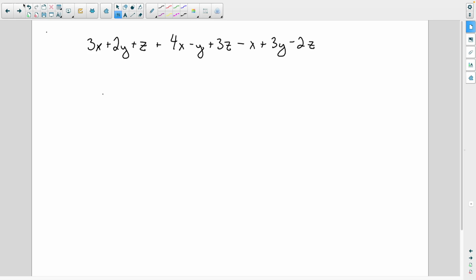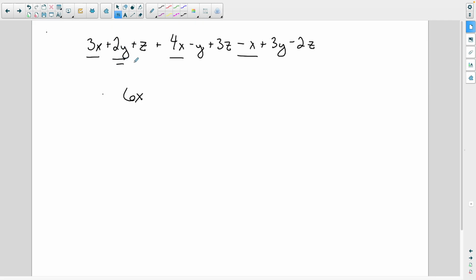All right, so here's a nice big one. When we have one like this, we typically, so let's say x. Everyone that has just an x, I'm going to underline. So 3x plus 4x is 7x, minus x is 6x.